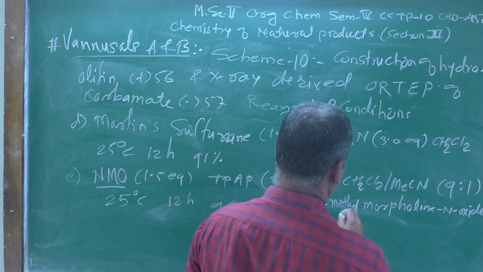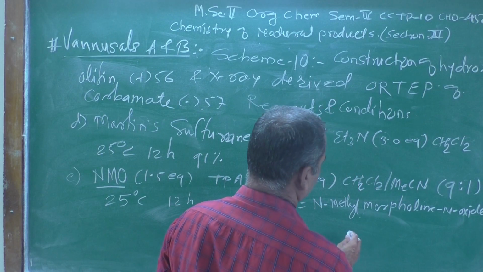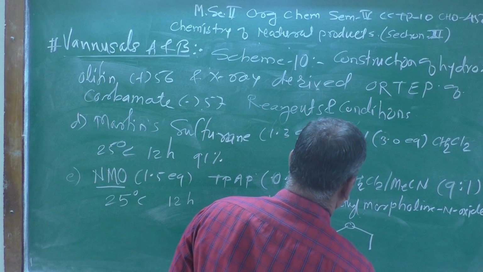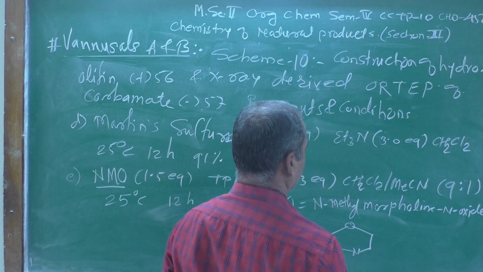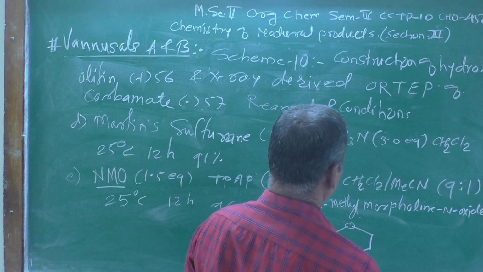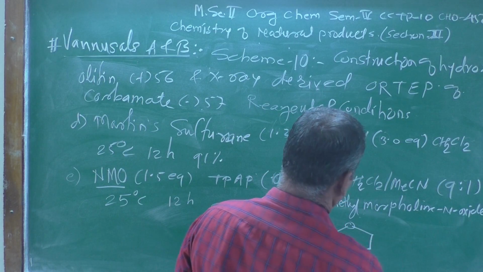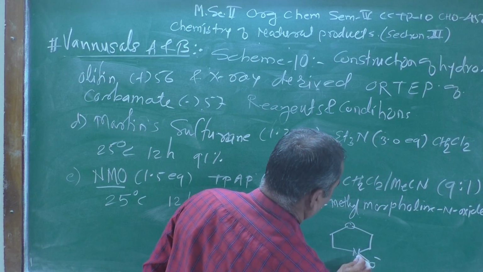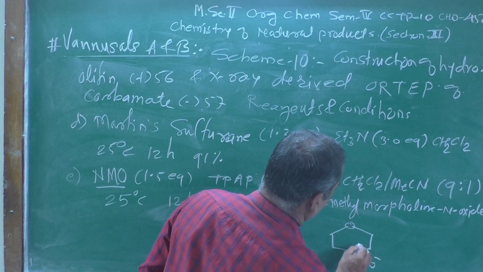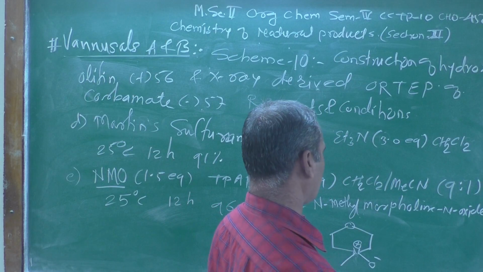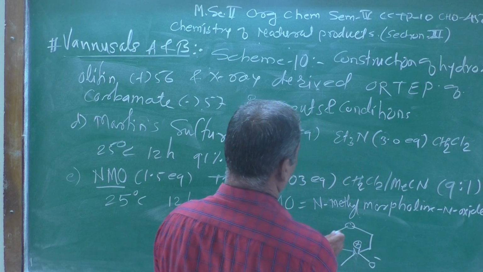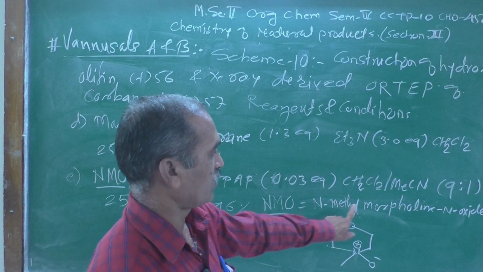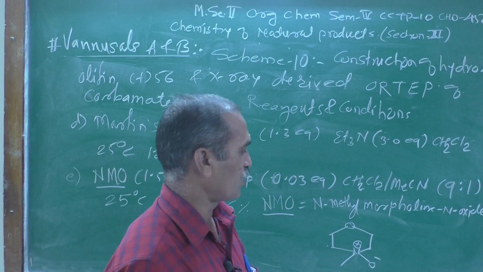If you see the structure, morpholine, as we know, is a secondary amine. Now N-oxide means here we can join O minus, and here is a methyl group, and the positive charge comes on it. So that is the structure of NMO, N-methyl morpholine N-oxide.